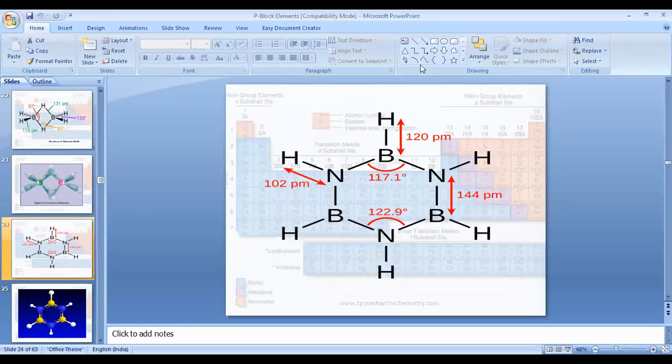Now we shall move further to the next, that is known as borazole, borazine, triboron triamine, or inorganic benzene.